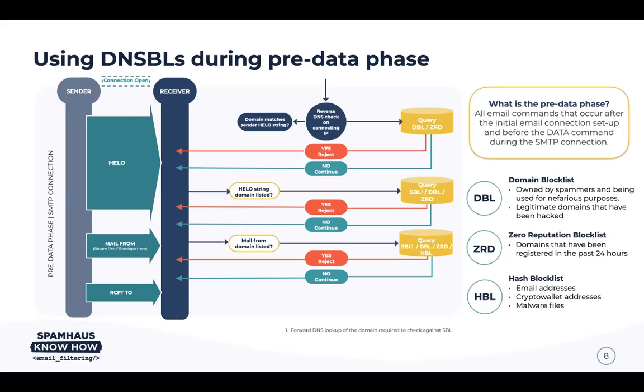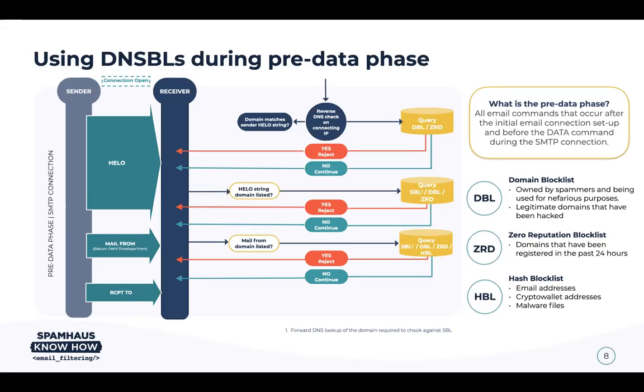Now, what we do at this stage is that we do have an email address, the sender address. We can check the domain for that address, again, against DBL and ZRD. But being an email address, we can also check it against the HBL, or better said, we can check its hash against the HBL.